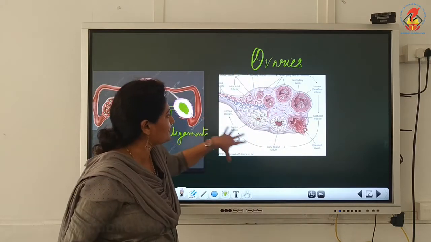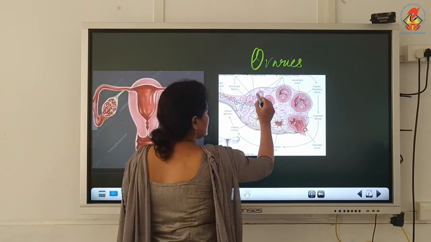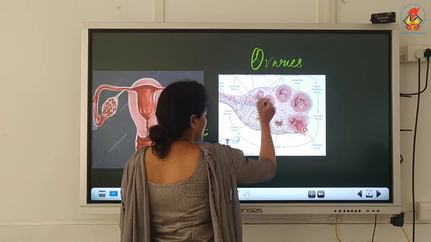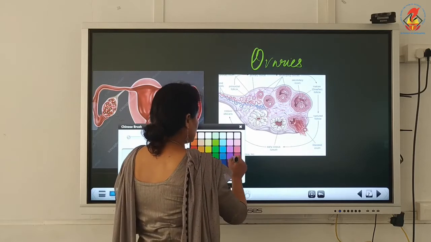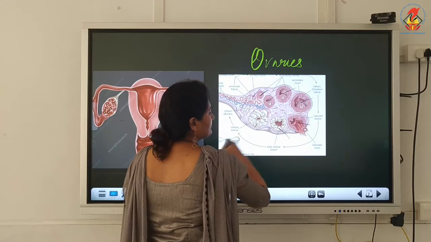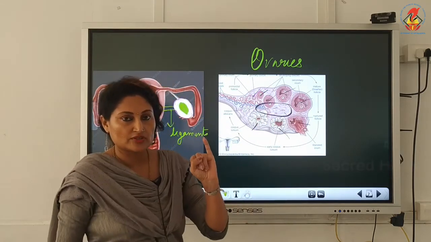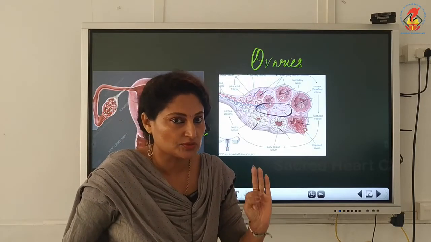Now looking into this, we can see the ovarian follicles at various stages of development. See, this is one ovarian follicle. If I am highlighting it here, these are the ovarian follicles at various stages of development. And look at the medulla. The medulla, I told you, comprises what? Blood vessels, nerve fibers and smooth muscle fibers.